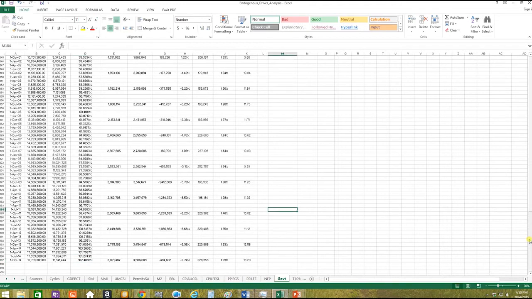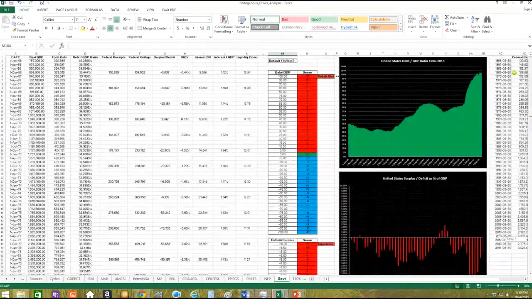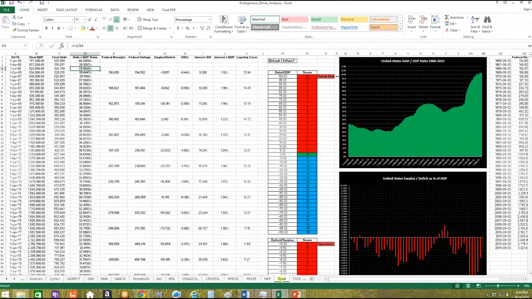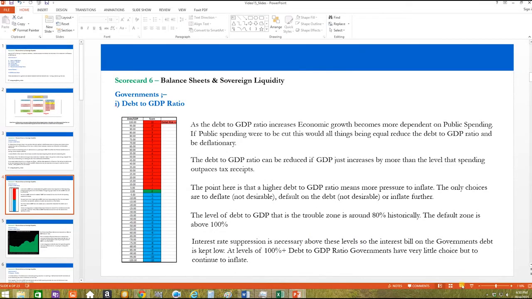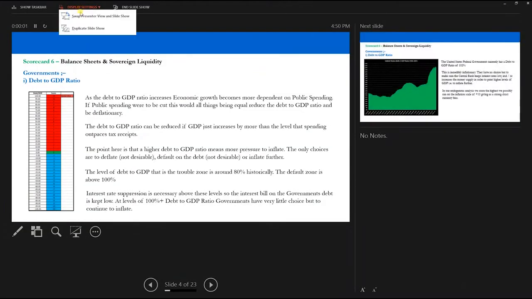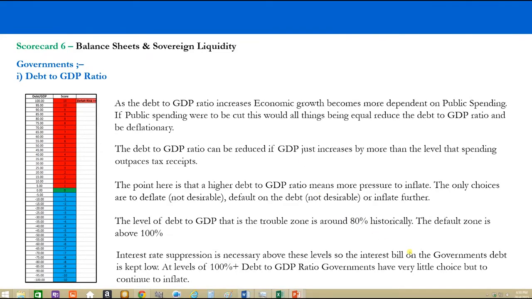And this is basically synonymous with historical cases where debt to GDP levels have gone through 100%, and we've seen multiple defaults. So it's not good. It's extremely inflationary, and we have to look at this for what it is.